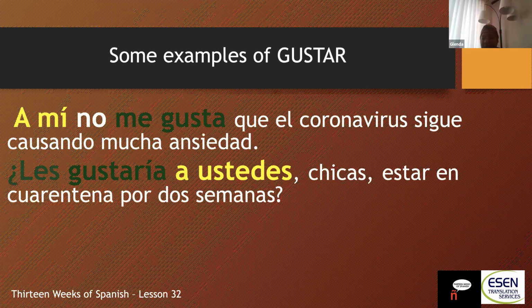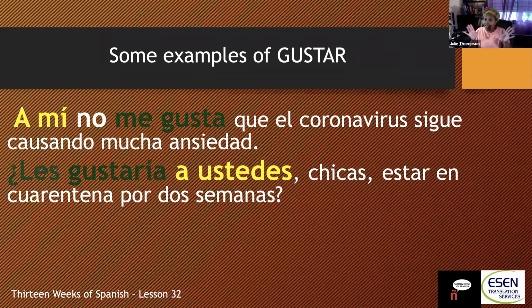Everybody. Okay, now me and te and nos mean not only me, but they also mean to me. Te means you and to you as object pronouns. They're object pronouns.